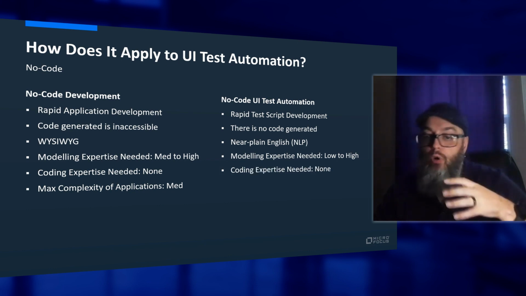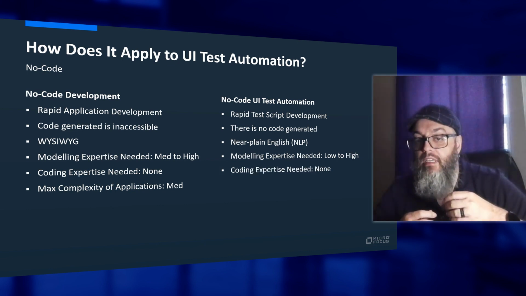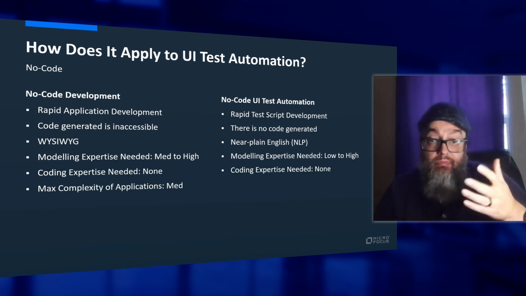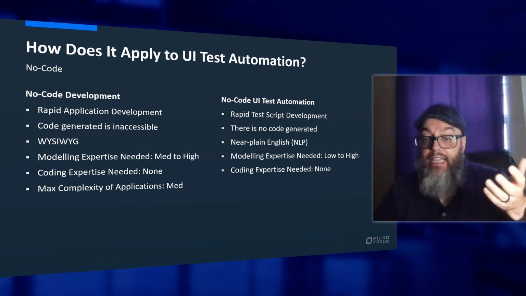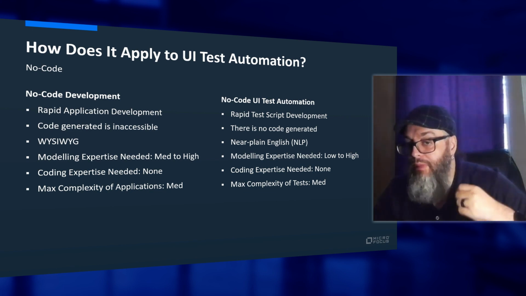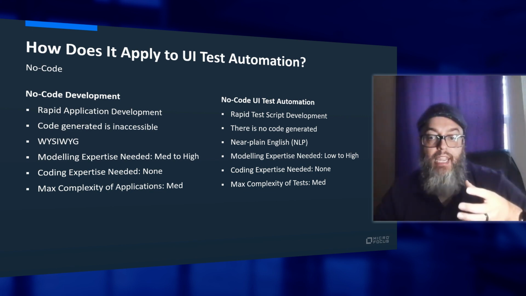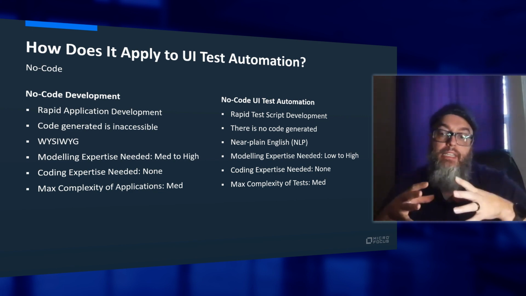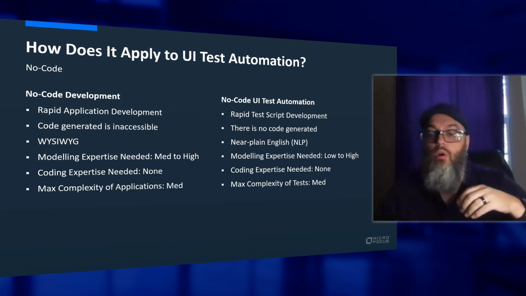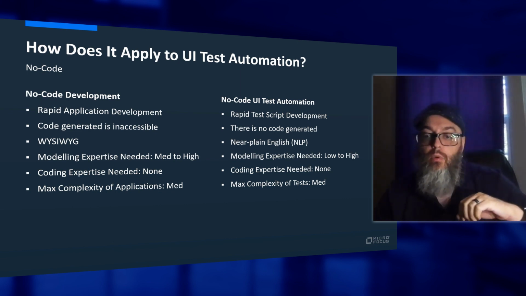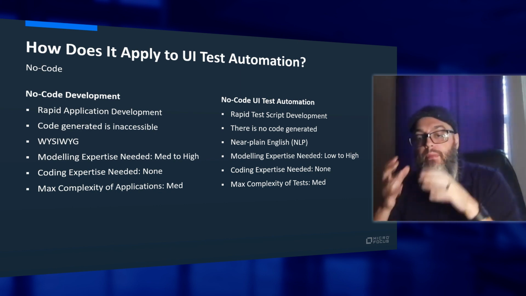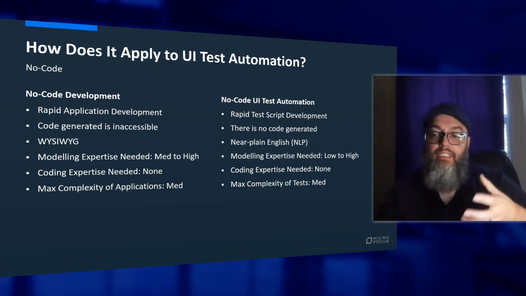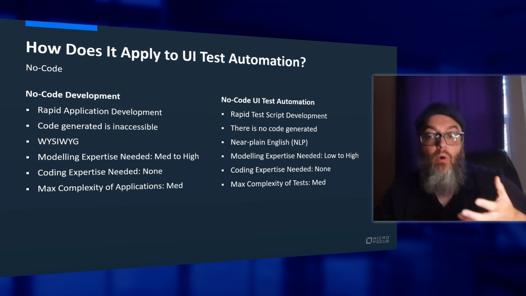And just like no code for application development, the level of coding expertise that you need will be none, since frankly, there's no code. And lastly, just like the maximum complexity of applications that you can create with a no-code application development solution, the maximum complexity of tests that you can create with a no-code UI test automation solution is also medium, because you will, at some point, run into some complex business logic that the framework just doesn't support.